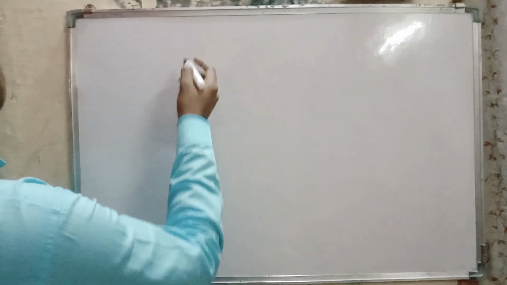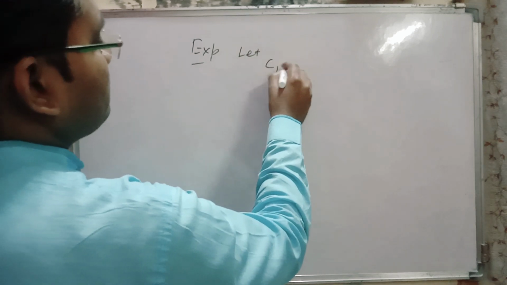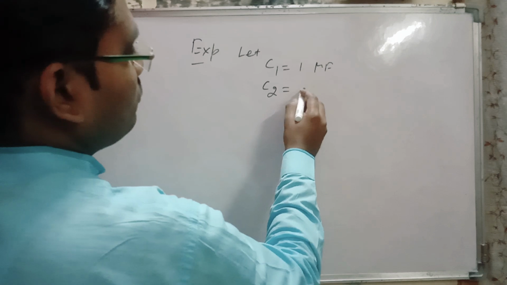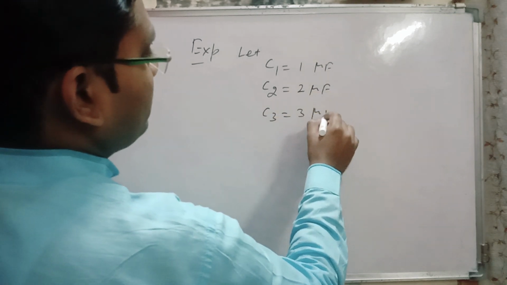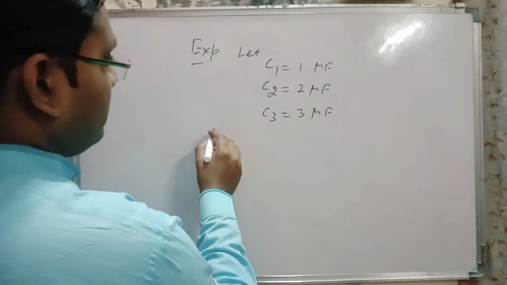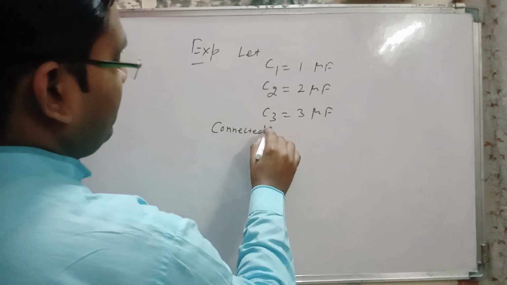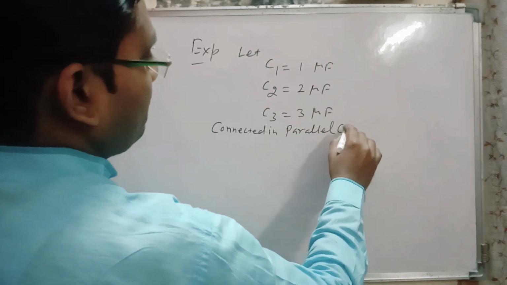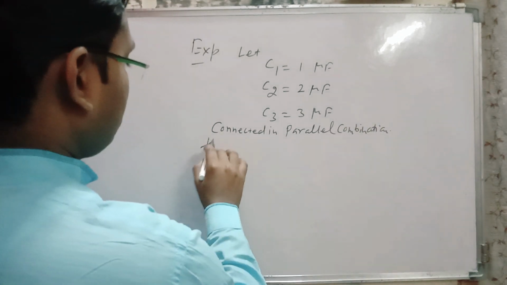Now here we take an example. Let C1 is equal to 1 microfarad, C2 is equal to 2 microfarad, C3 is equal to 3 microfarad, connected in parallel combination.